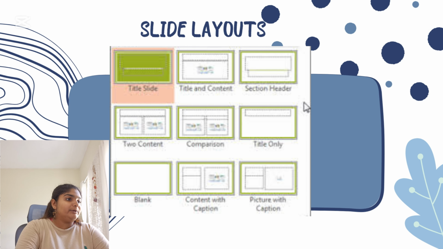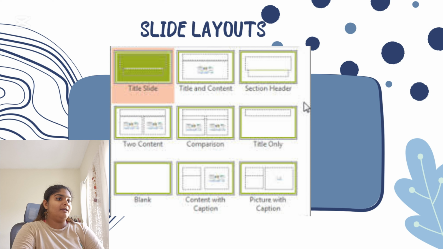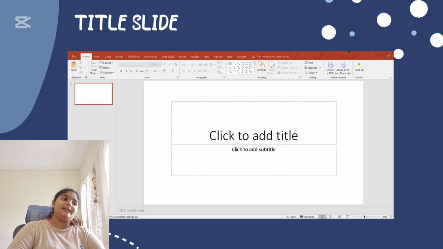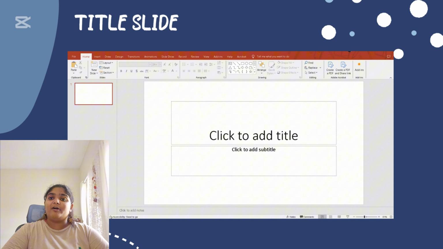So let us start with the first type of slide, and it is the title slide. Something about the title slide is that it is the default slide when you open a blank PowerPoint presentation. Keep that in mind: whenever you open a blank presentation, the title slide will be the first slide which automatically comes to your screen.